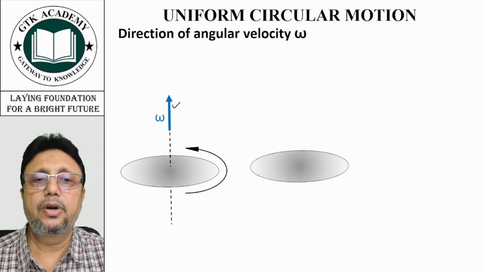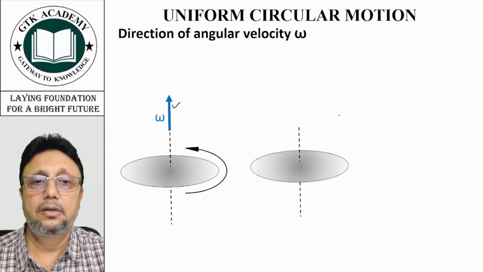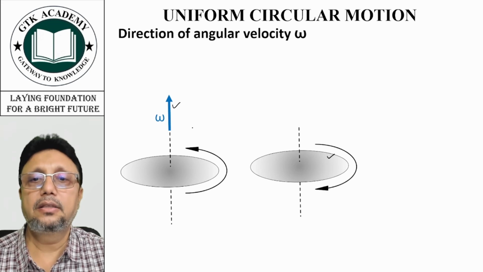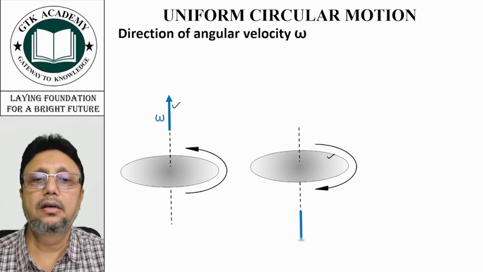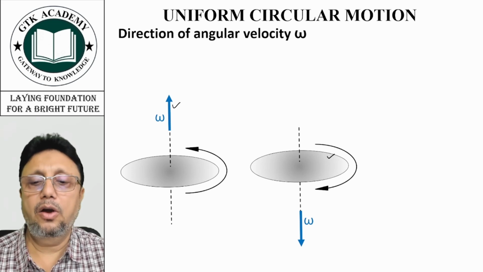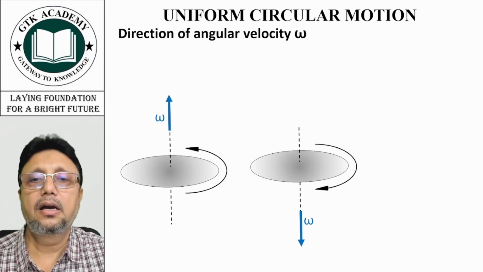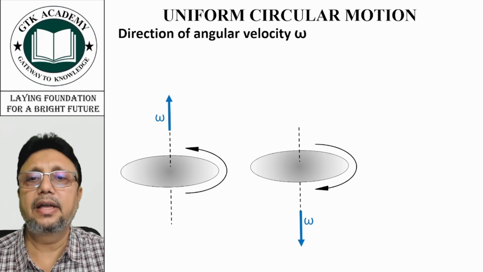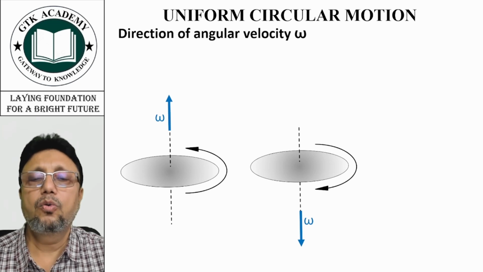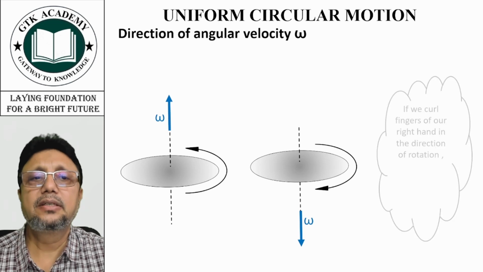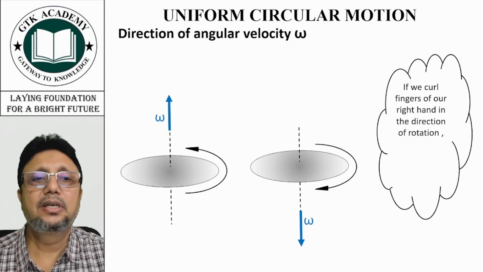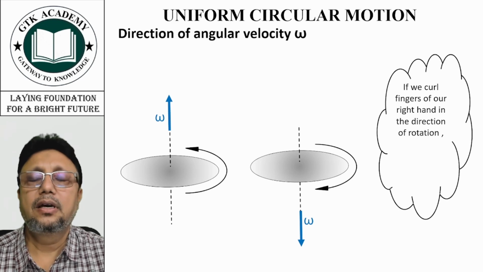And if the direction of rotation is opposite, say in this case, the direction of omega is this. Now you must be thinking how to find out the direction of omega. What is the method? The method is to use right hand thumb rule.